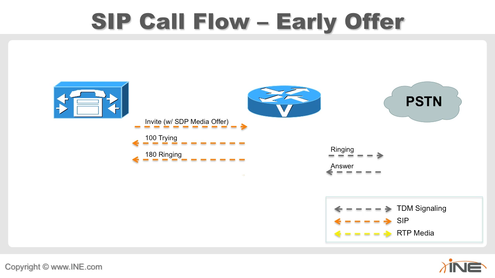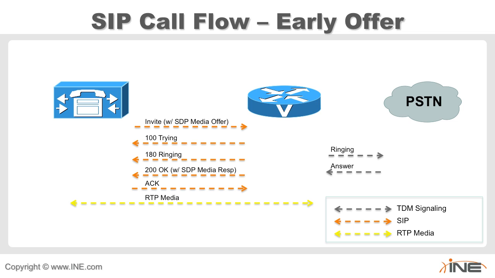PSTN answers, sends a 200 OK with the SDP media response. So here's what we're going to agree on. Acknowledgement, and then the RTP media. Then the bye, and the OK after it terminated the PSTN side. Nothing revolutionary there. We've already looked at fast start with H323, so it makes sense.